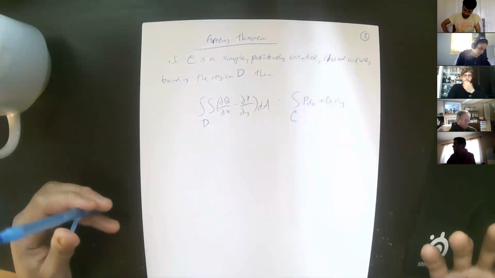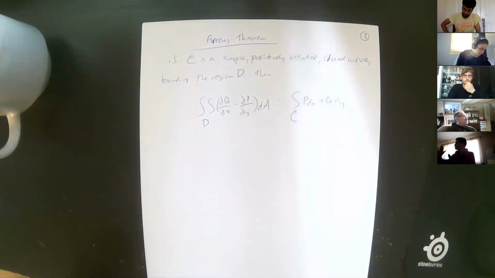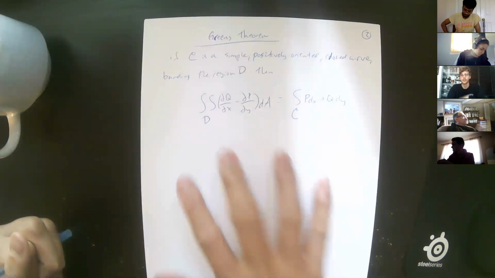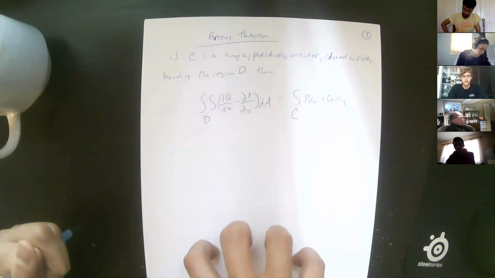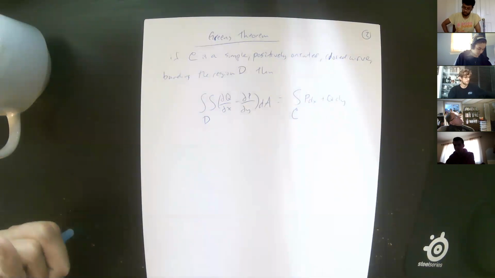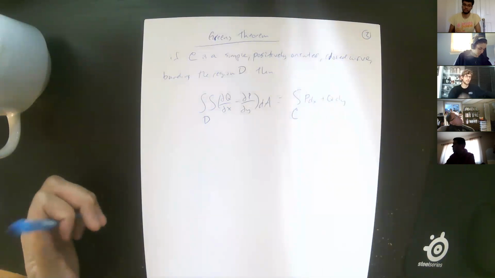Then it would have this weird shape in R3. So we're restricted to the plane at the moment because we need to actually bound a region. If we needed to bound a region in R3, we would need a surface, right?